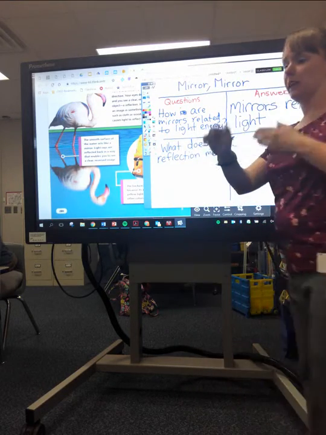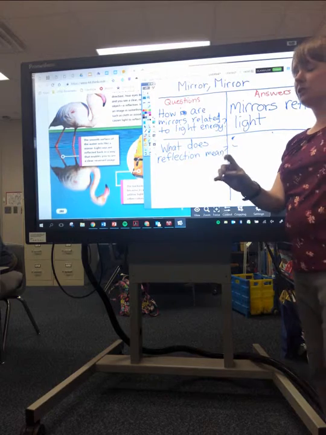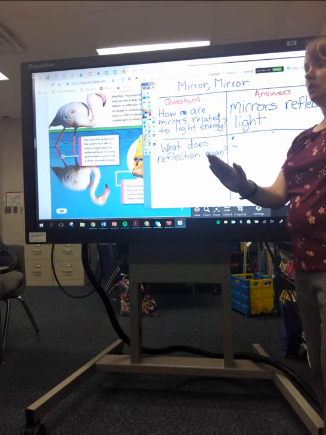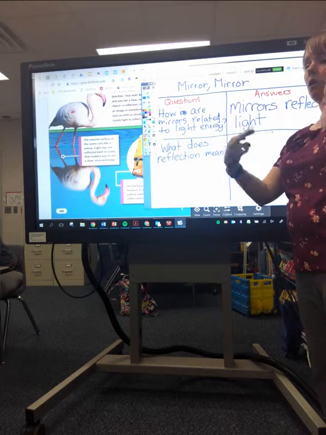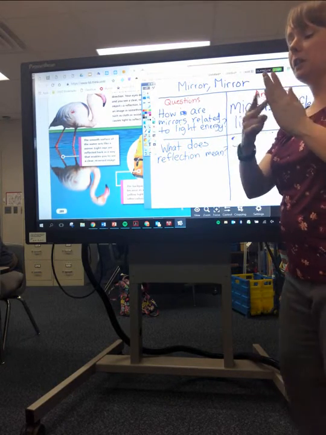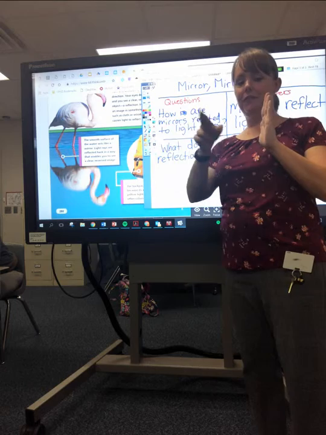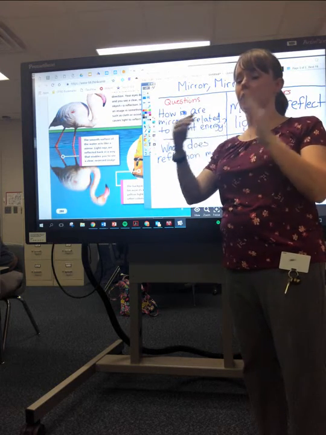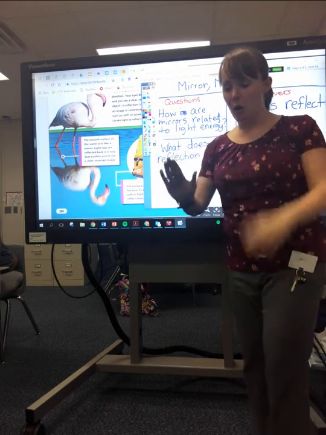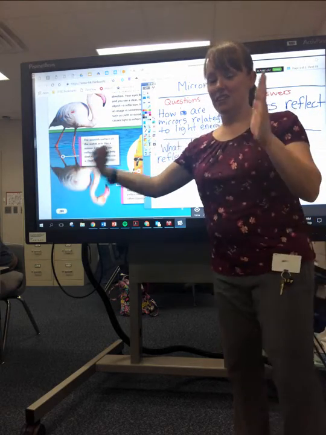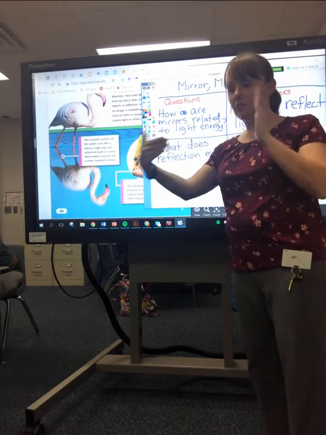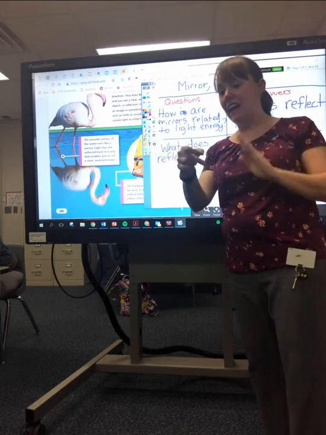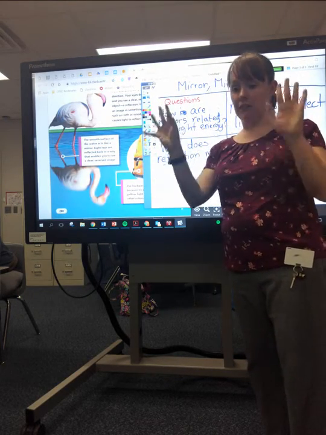Let me change the way I'm writing that just a little bit. So, light reflects. There's another word that means the same thing. There's reflects, and then there's the word bounce. Like a ball, bounce. It's bouncing. Reflection means bouncing, and it's bouncing light.